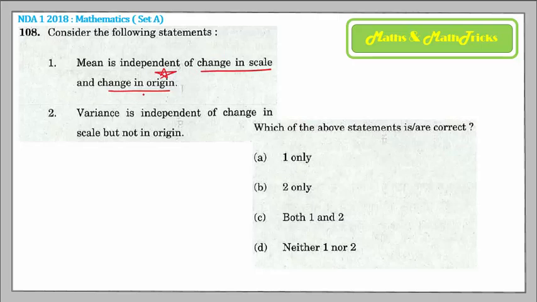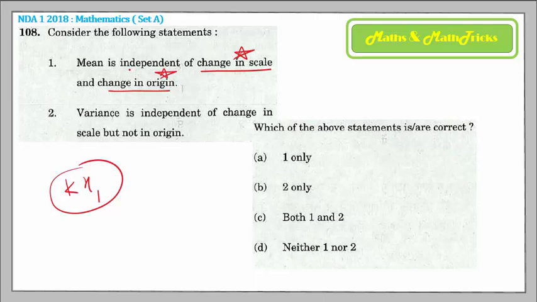for knowing what change in scale and change in origin mean. Basically, change in scale means that when you have an observation x1, and the observation is changed by multiplying it by k or dividing it by k, then you are changing the scale of that observation. So when you change each observation by k times, then the mean is also going to change.